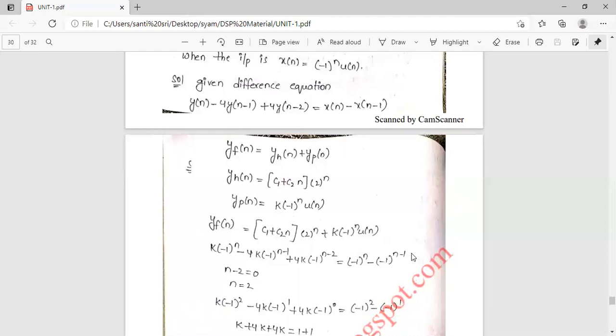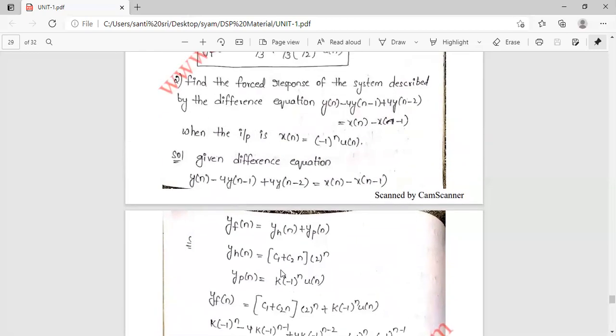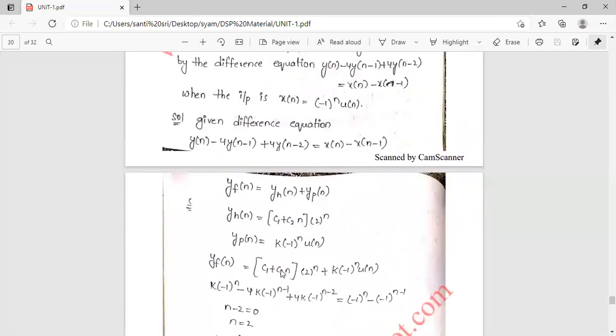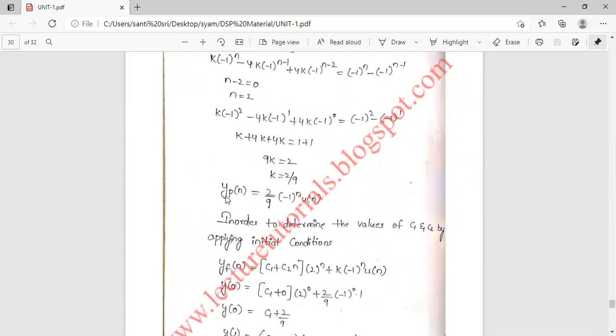If n minus 2 equal to 0, then n is 2. So replace n by 2. So k into (minus 1) whole power 2 minus 4 into k into (minus 1) power 1 and so on. So like this we will get k value is 2 by 9. So then particular solution yp of n is equal to 2 by 9 into (minus 1) whole power n into u of n.